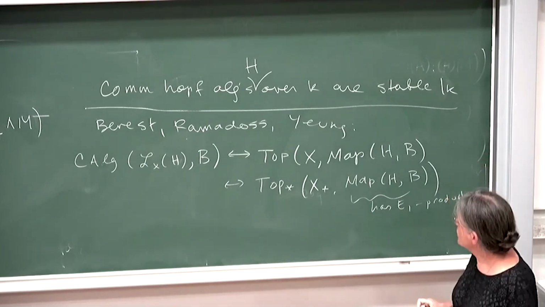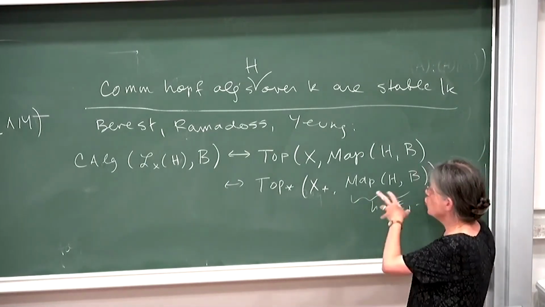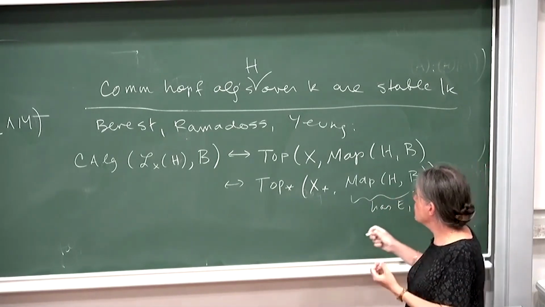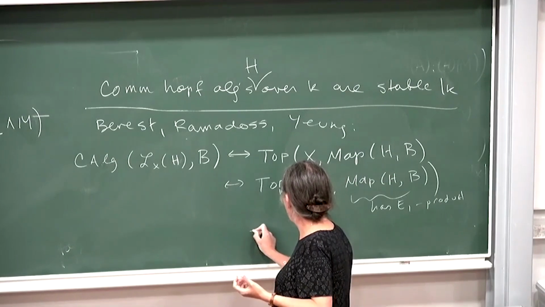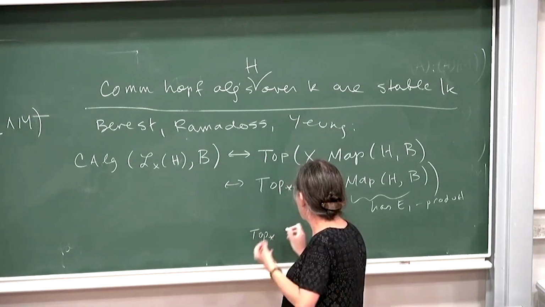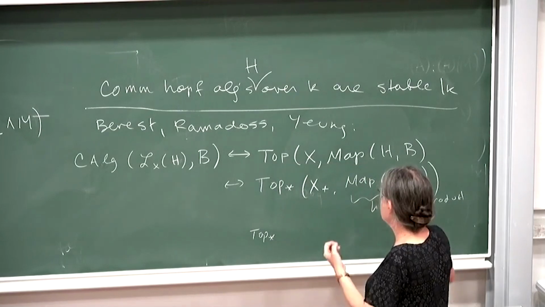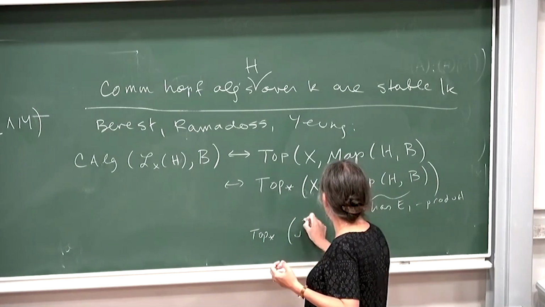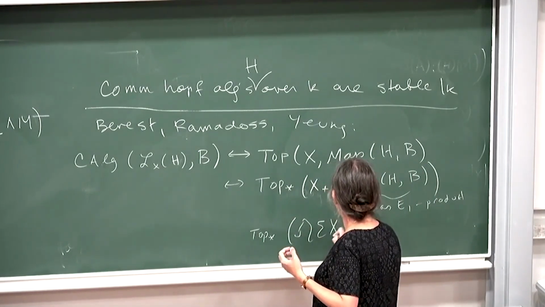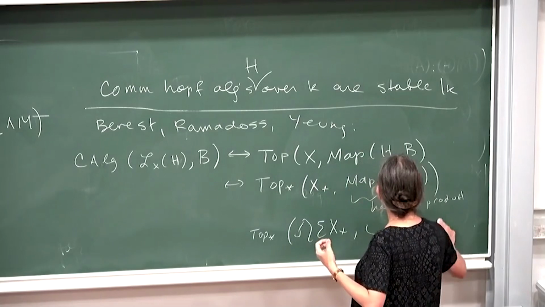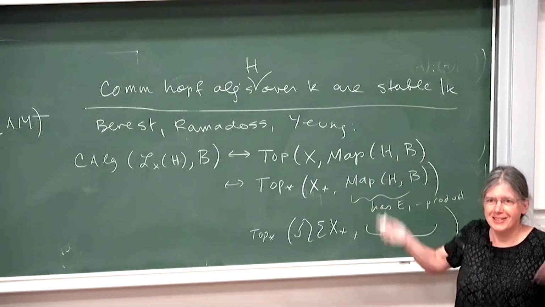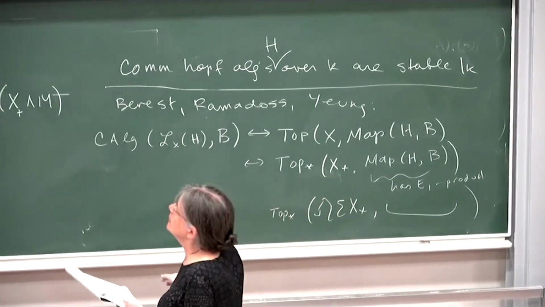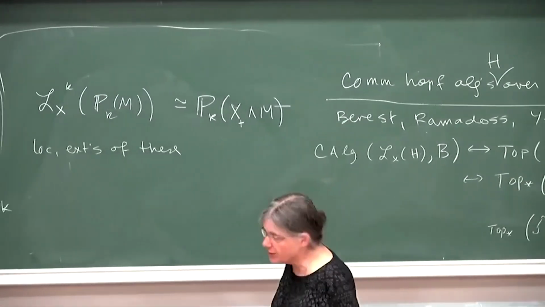And so the maps from this guy to this E1 space are in correspondence with maps from the free E1 space on this, which is loop suspension of X plus, into this monstrosity. But again, this only depends on X plus, so it's stable. But of course, it's a very restrictive condition that it's a commutative Hopf algebra.